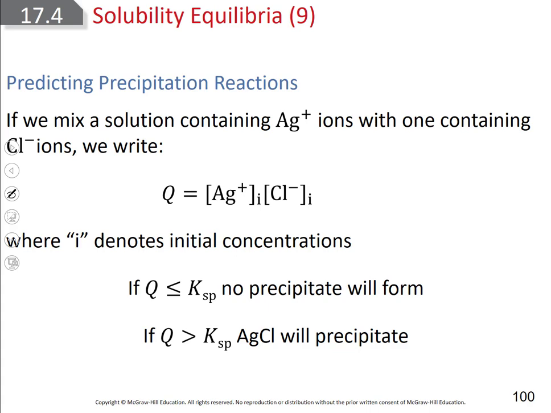So in the case of silver chloride, it would be silver ion times chloride ion. If Q is less than K, then we haven't reached the point where we're going to see a precipitation. In other words, we haven't reached that solubility yet. The small amount of silver chloride that's formed is still going to be able to dissolve because we haven't reached this maximum solubility yet. If Q is greater than K, then we will now see a precipitation form.